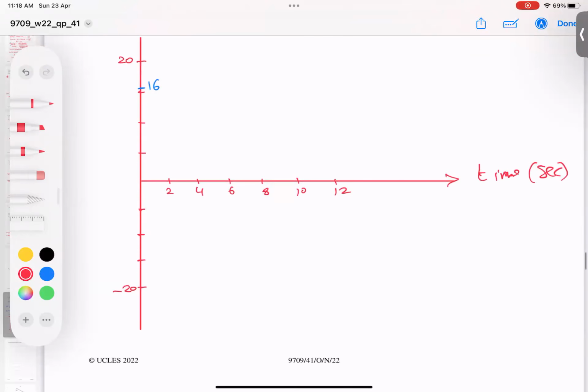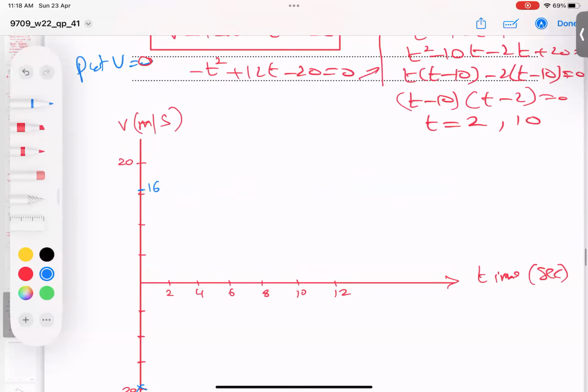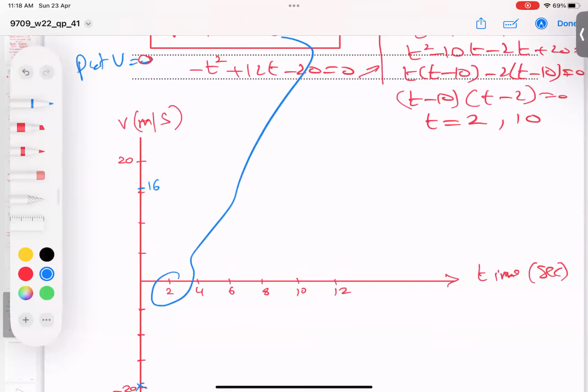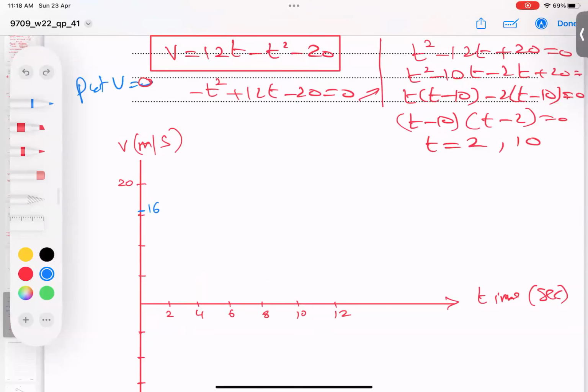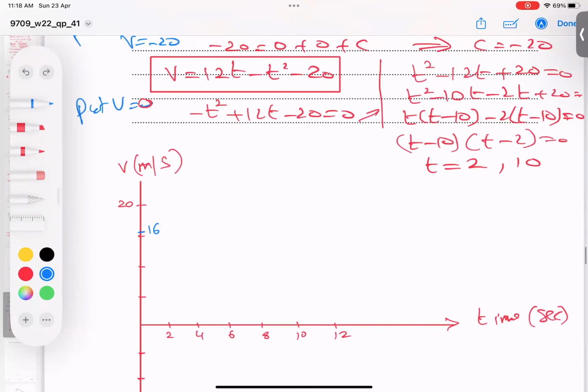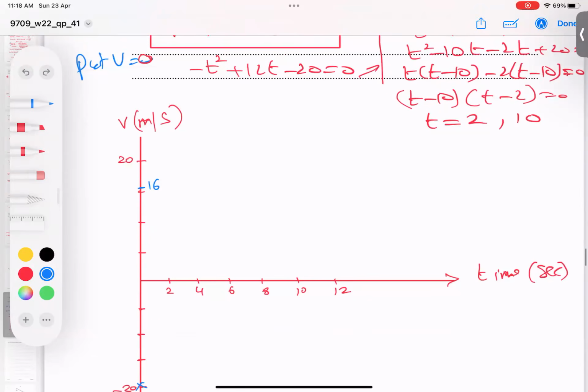So when I plug in 0, I got negative 20, and when I plug in 2 in the equation there, it becomes 24 minus 4 minus 20, it gives us 0. And you know it very well, it's stopping. So two points are clear. 2 is clear, 10 is clear.